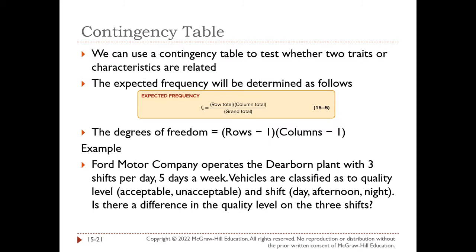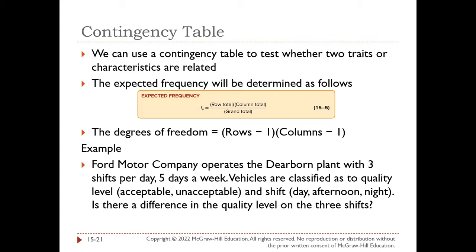Contingency table. We can use a contingency table to test whether 2 traits or characteristics are related. The expected frequency will be determined as follows: FE equals row total times column total divided by grand total. The degrees of freedom are rows minus 1 times columns minus 1.